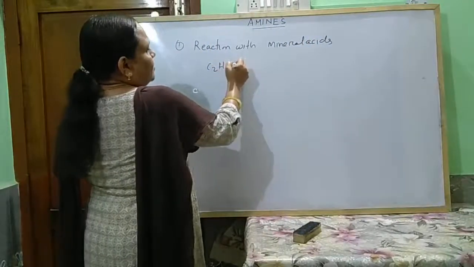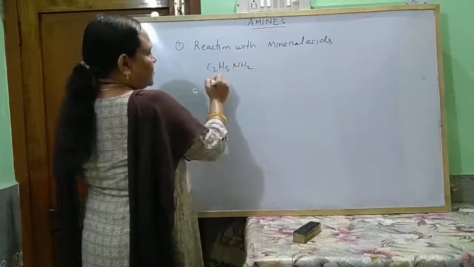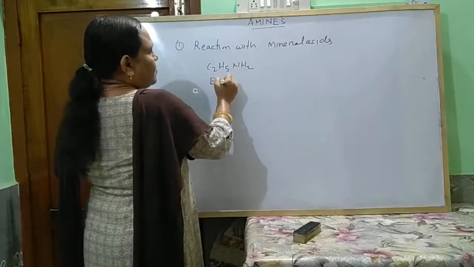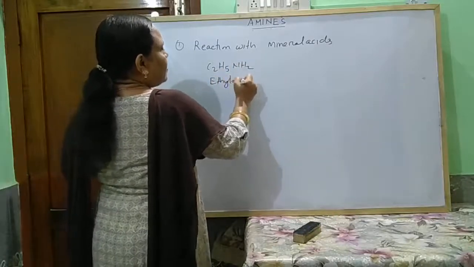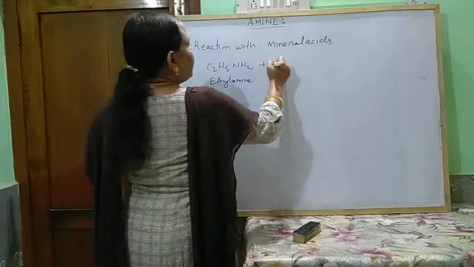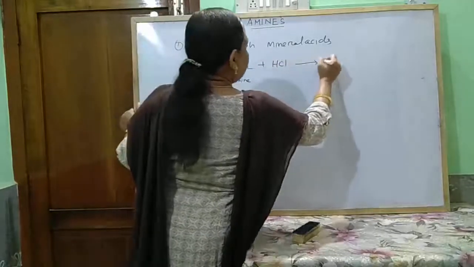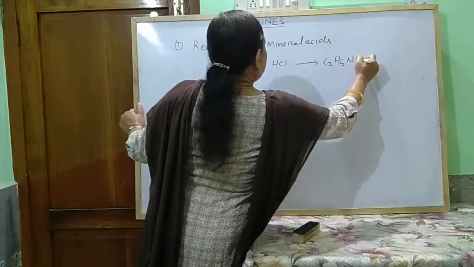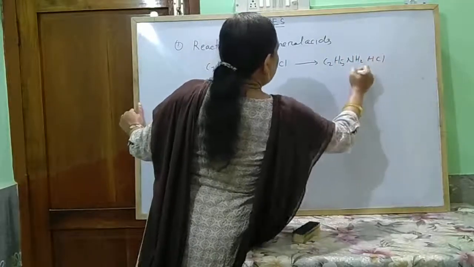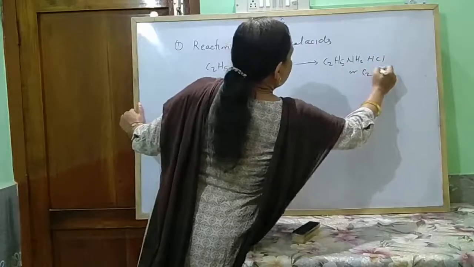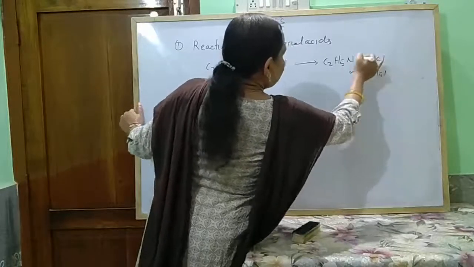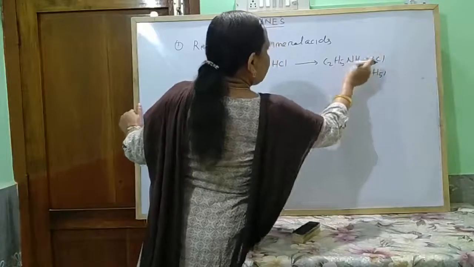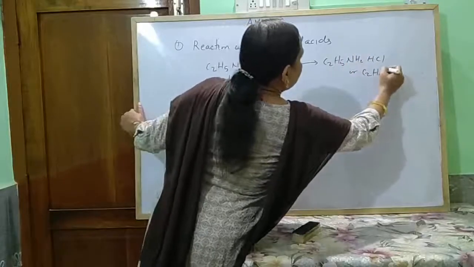Example, C2H5NH2. This is ethylamine. It reacts with hydrochloric acid to form C2H5NH2.HCl, or C2H5NH3+ Cl-. This hydrogen comes here; the lone pair of electrons receives the proton.